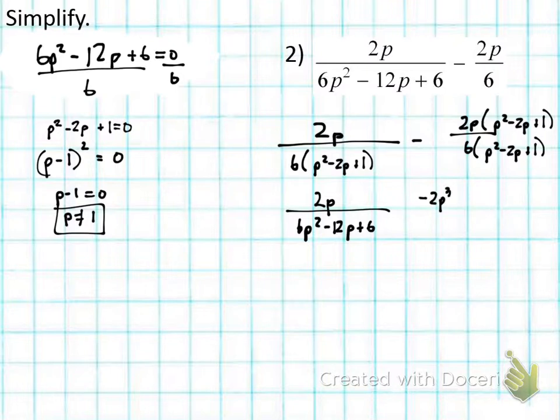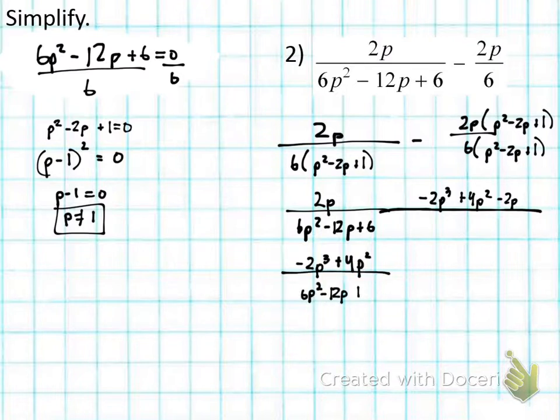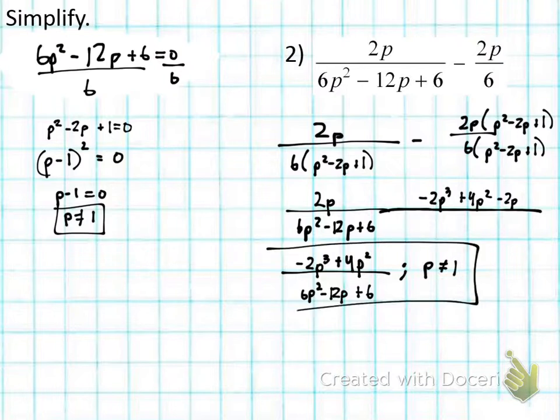Negative 2p times negative 2p is positive 4p squared. And negative 2p times positive 1 is negative 2p, all over our common denominator. Combine like terms: 2p cancels out with negative 2p, so we're left with negative 2p cubed plus 4p squared all over 6p squared minus 12p plus 6, and p cannot equal 1.